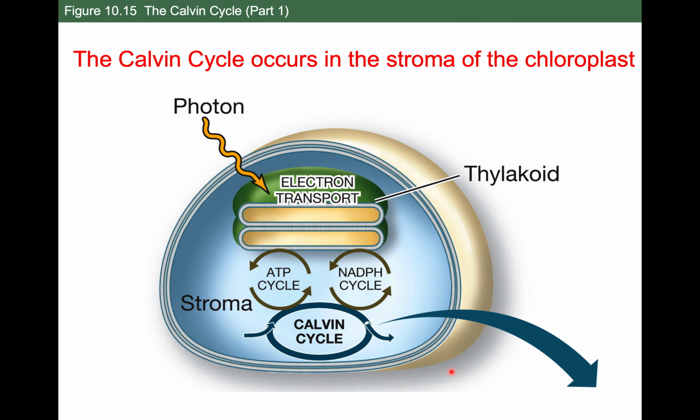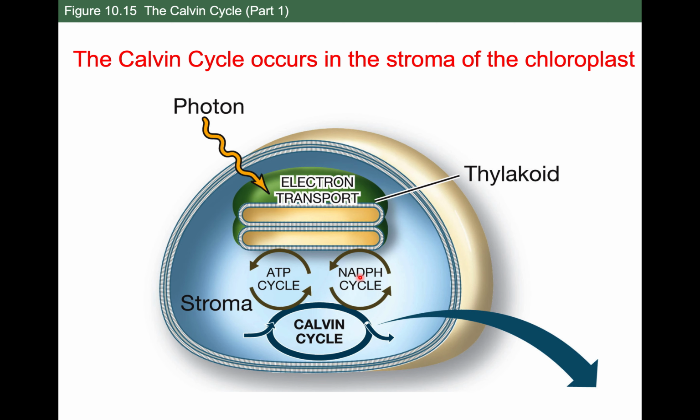And just to go back to kind of the broad overview and remind you where all this is happening. So here's our cartoon of the chloroplast. Here's our thylakoid, stroma down here. So we've got all the light reactions, the photosystems, right, the electron transport chain, all of that we talked about earlier was happening here in the thylakoid.